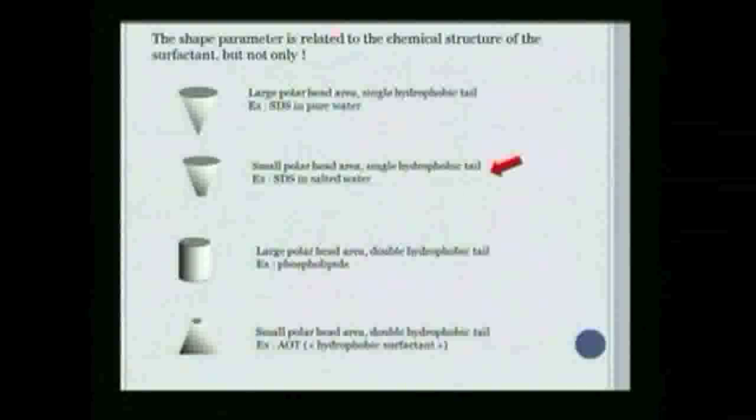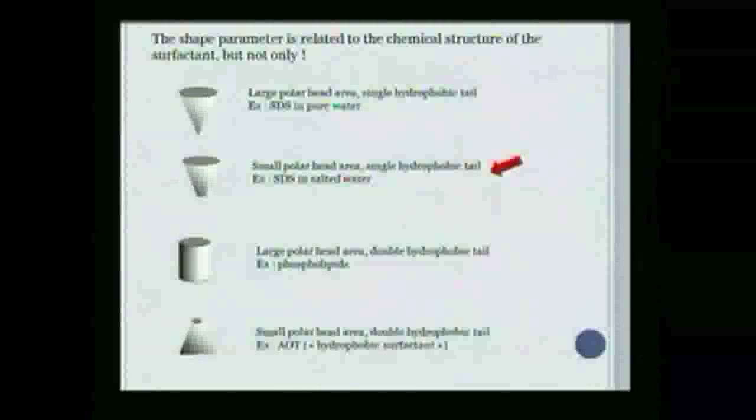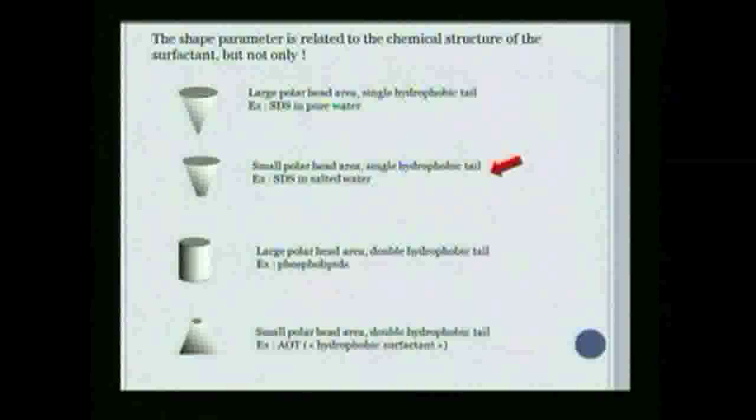So, you have to be aware that, of course, this shape parameter is related to the chemical structure of the surfactant. For example, SDS is typically a surfactant of high C0, of high spontaneous curvature, so it will easily form spheres, okay?